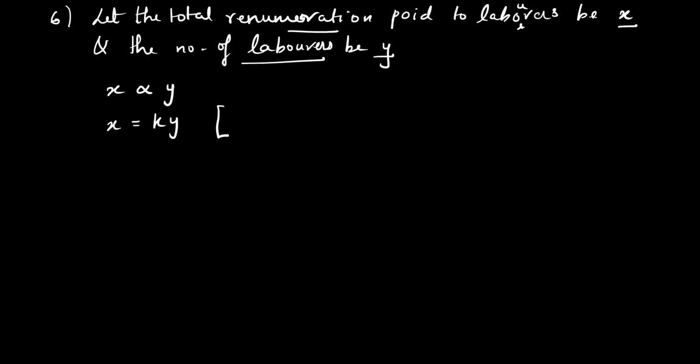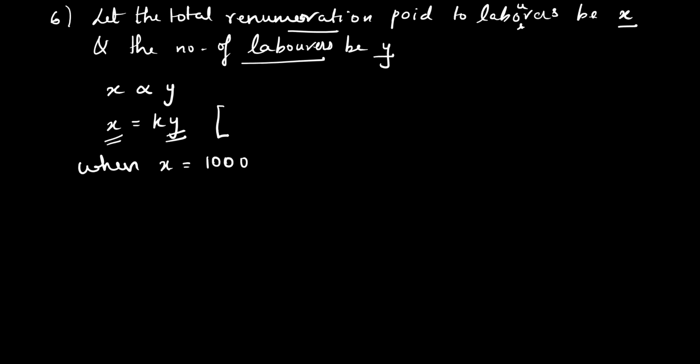Now they have to give us the value of x and y. Have they given us? Yes, sir. So x is equal to 1000. How do you know x is 1000 and y is not? Let's read the remaining part of the sum. If the remuneration of 4 laborers is 1,000, find the remuneration of 17 laborers.